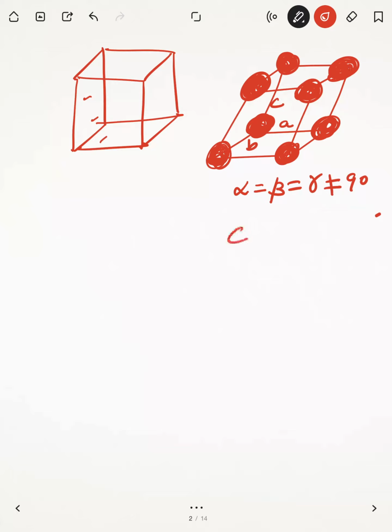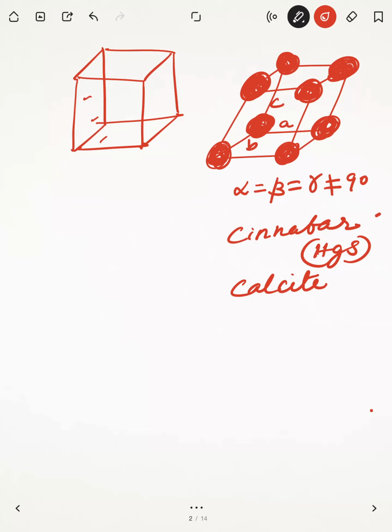Example is cinnabar, that is HgS. If you take HgS, that crystal lattice will be made up of such primitive unit cells. Another example is calcite, that is CaCO3.